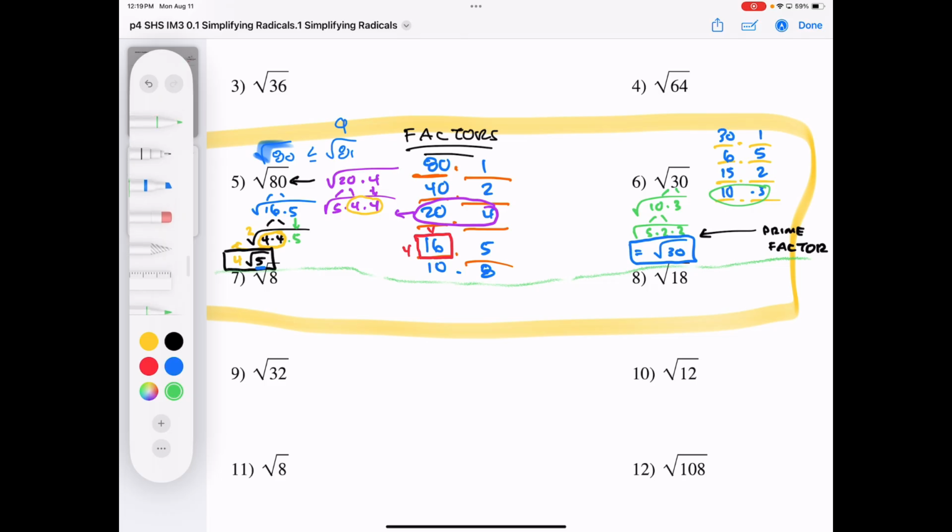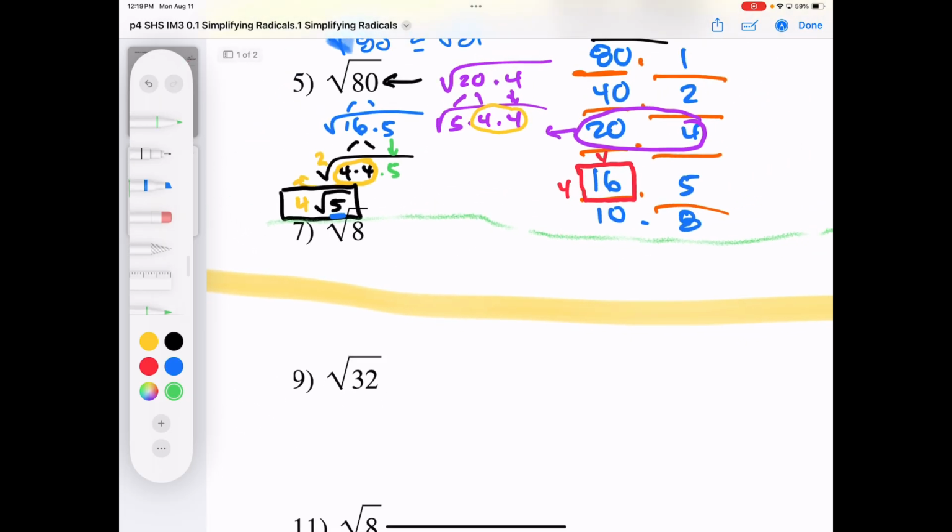Okay, look at your color chair. Blue chairs. What number did you guys pick for the square root of 8? How do you break it down? 4 times 2. Okay, now what? Oh, do it again. Oh, don't forget that one.